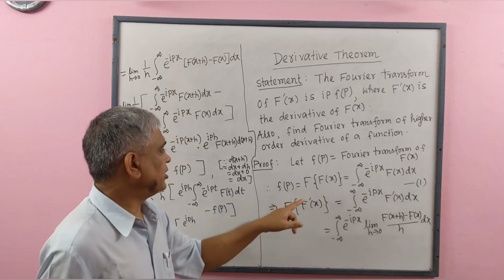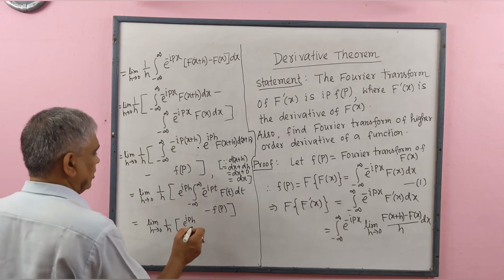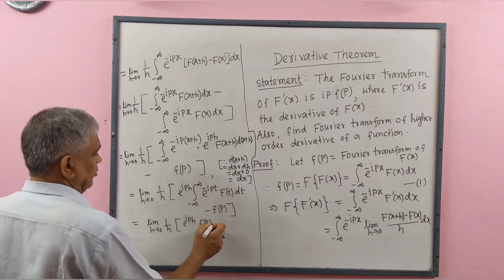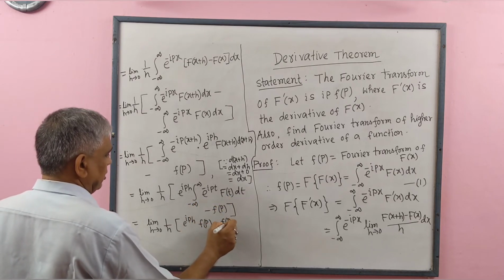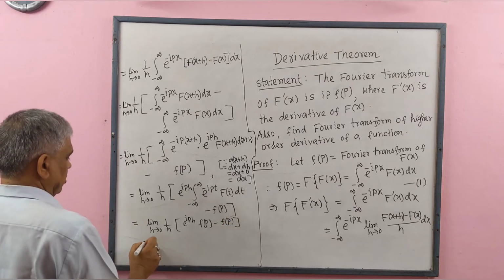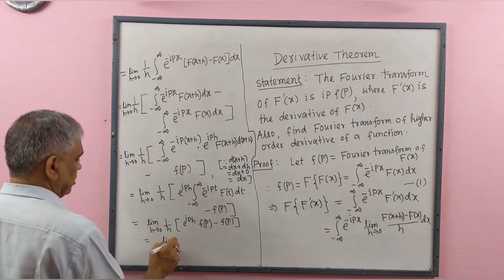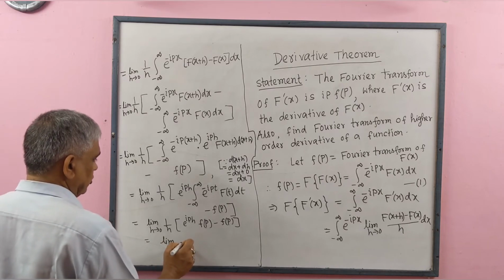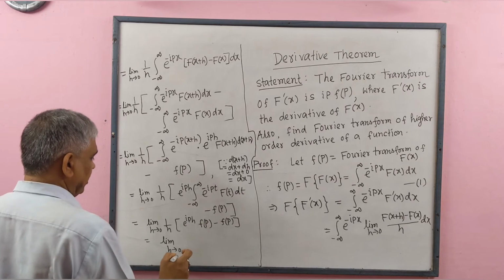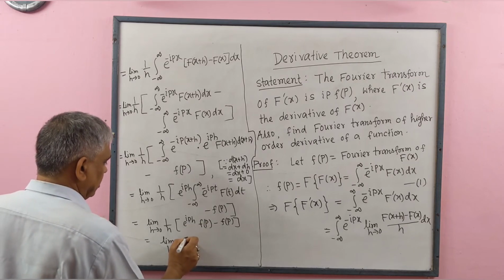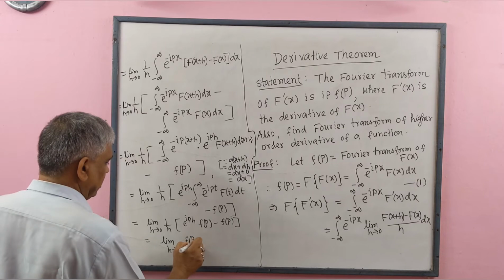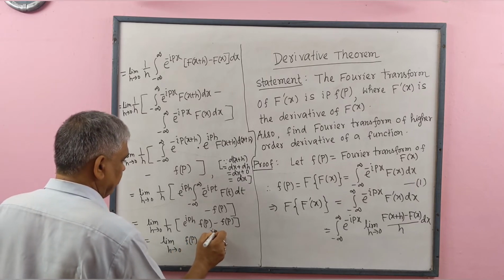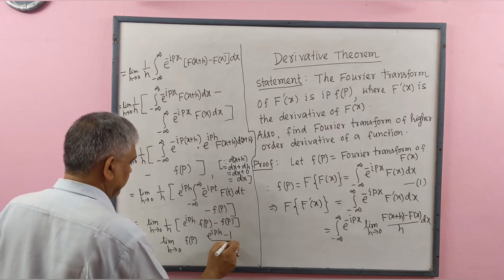So the value of this will be F(p), minus F(p), equal to limit h tends to 0, we take F(p) common, e to the power iph minus 1 by h.